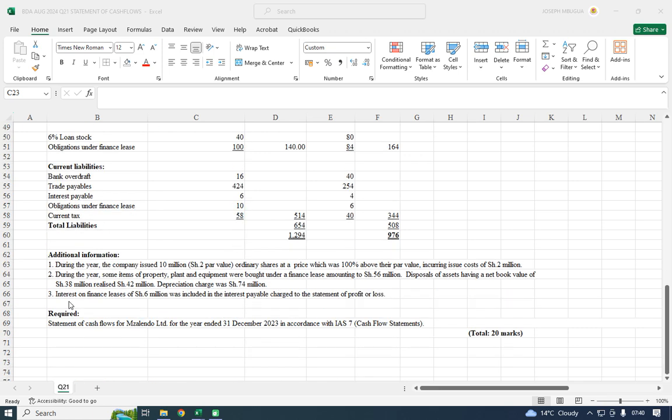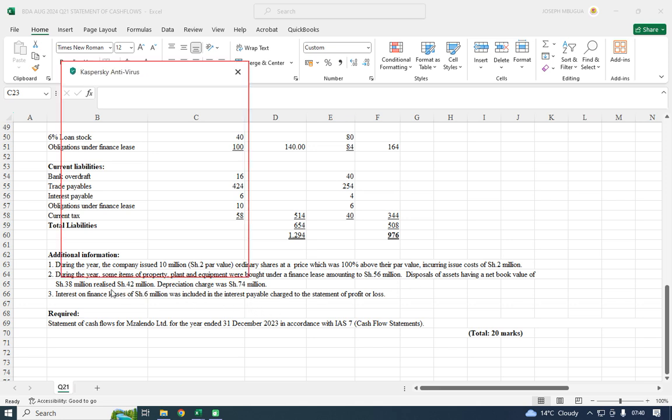Then we are told in the additional information, during the year, the company issued 10 million shillings 2 par value ordinary shares at a price which was 100% above their par value, incurring a cost of 2 million. During the year, some items of property, plant, and equipment were bought under a finance lease amounting to 56 million.